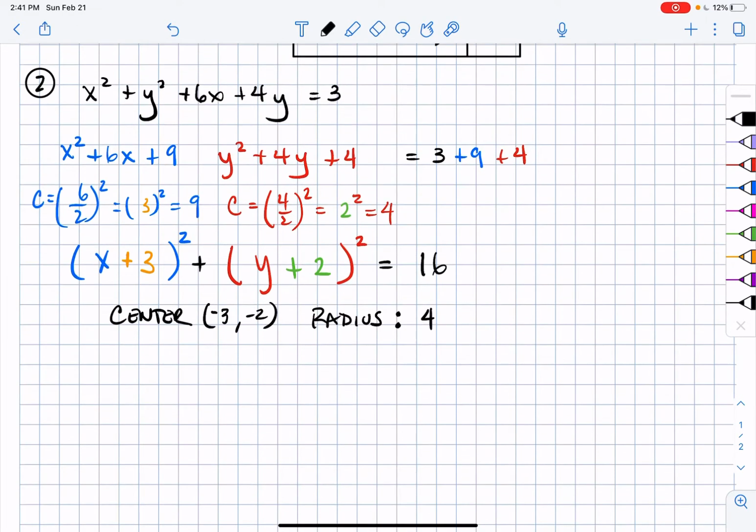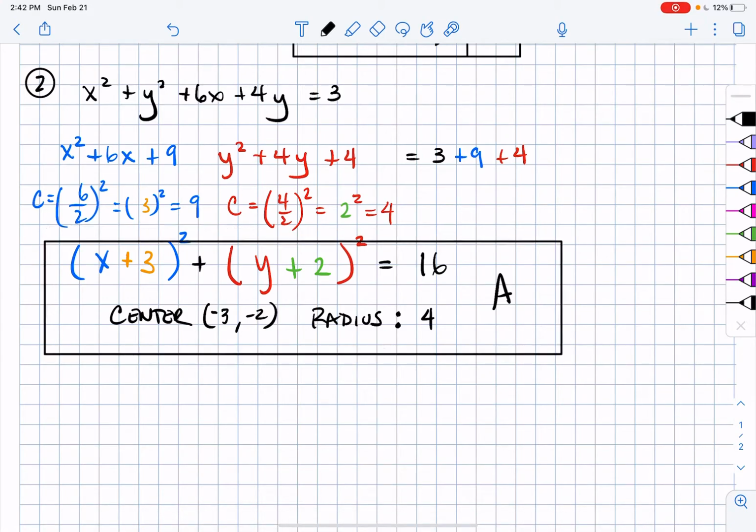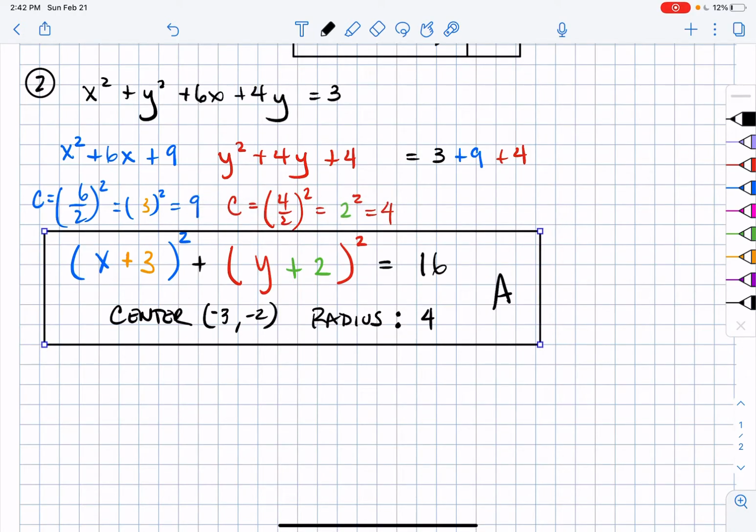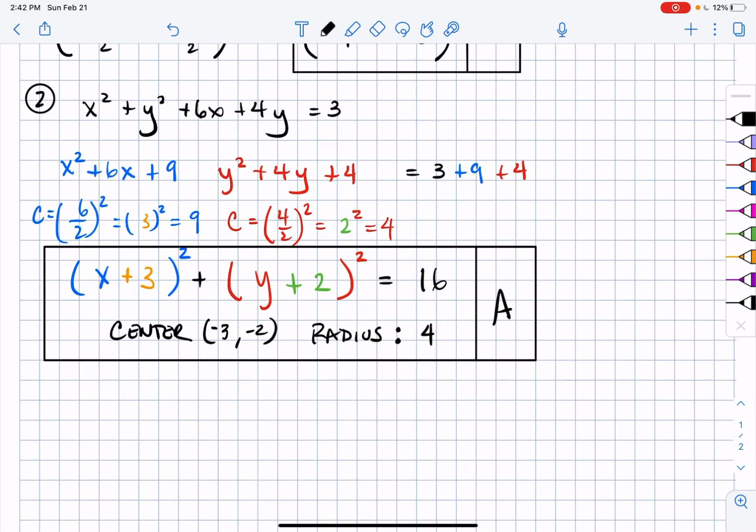There we go. That is choice A. Sometimes copying the problem down wrong happens, but you just gotta catch yourself before you say the answer or submit it. There we go, and there's choice A.